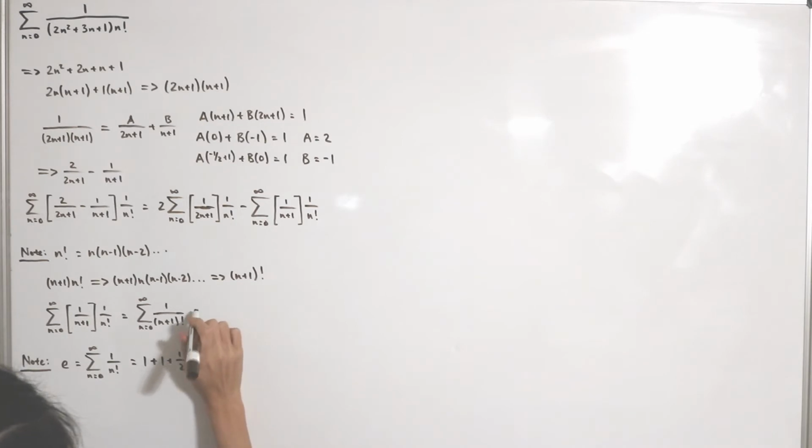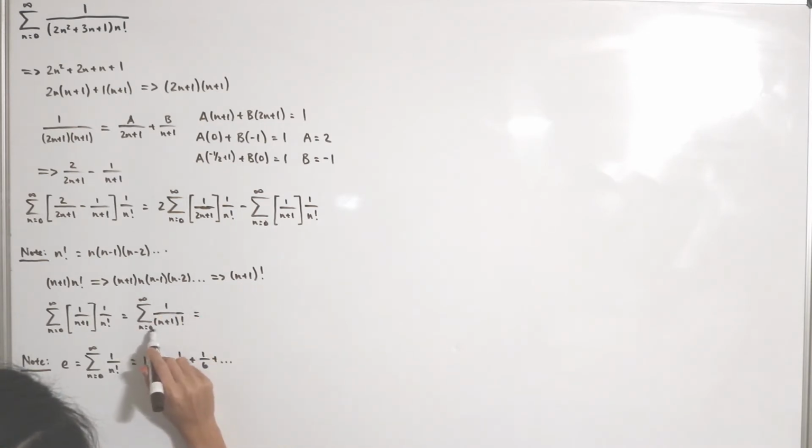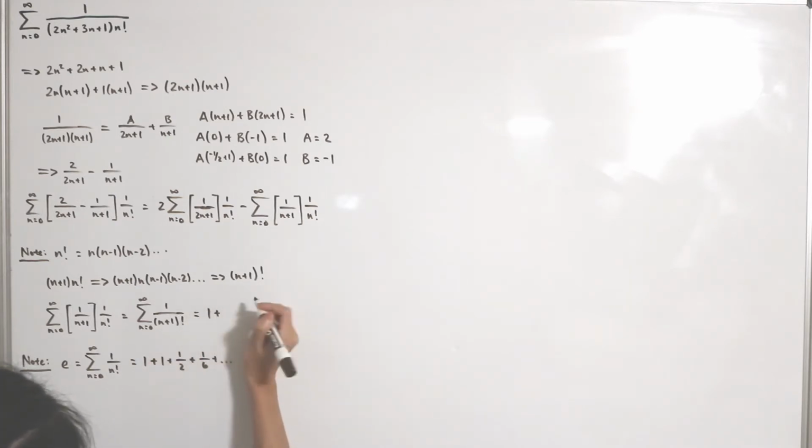And let's also expand this series out. So we have n is equal to 0, so that means 1 divided by 0 plus 1 factorial, which is just 1 factorial, so it's just 1, then plus n is equal to 1, so 1 divided by 1 plus 1 factorial, so 2 factorial, so it's just 1/2.